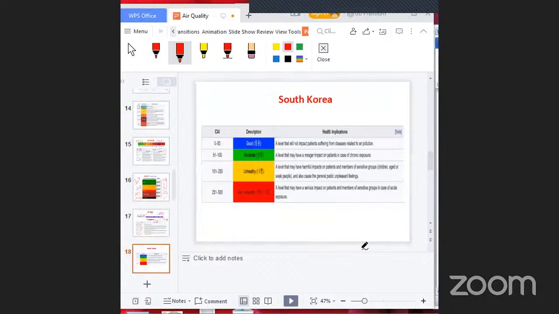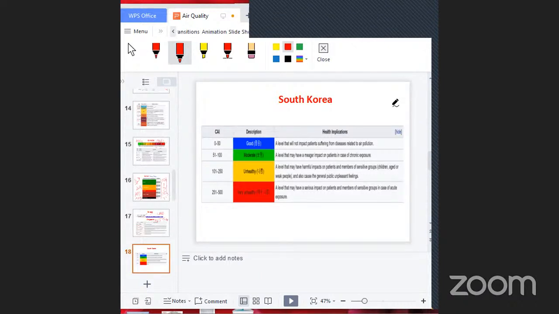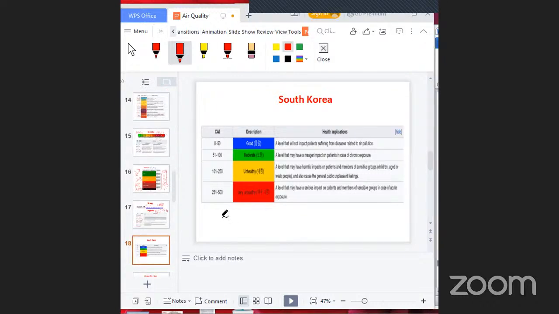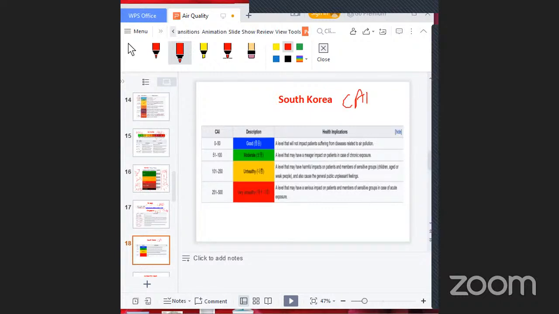The next, South Korea. The Ministry of Environment of South Korea uses the Comprehensive Air Quality Index, called CAI, to describe the ambient air quality based on the health risks of air pollution. This index aims to help the public easily understand the air quality and also protect people's health.